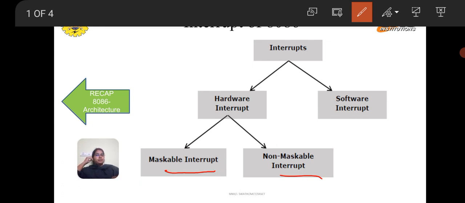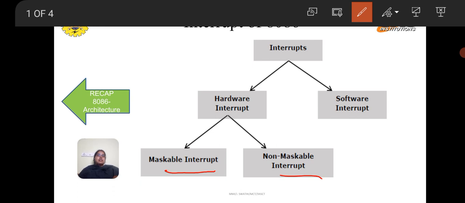Now let us discuss when the maskable interrupt happens. It will interrupt only if interrupts are enabled using the set interrupt flag instruction. It should not be disabled using the clear interrupt flag instruction.